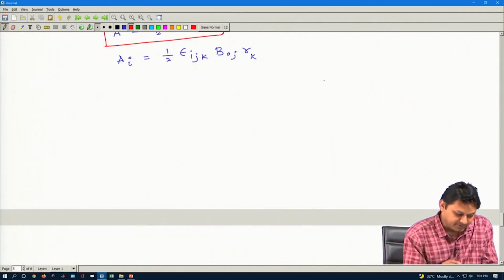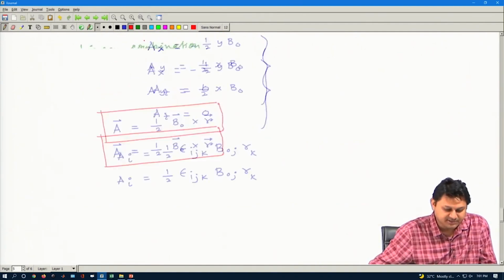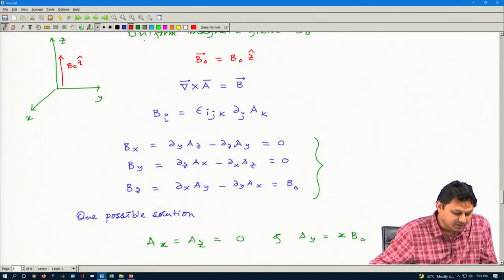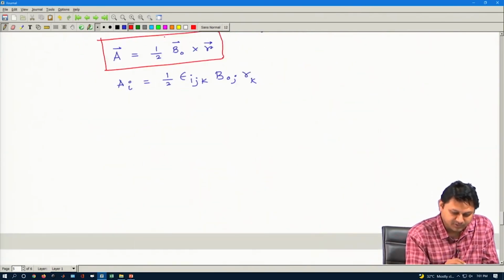Now, if I check carefully, B is along the z direction according to this figure. Let me draw this figure once again.